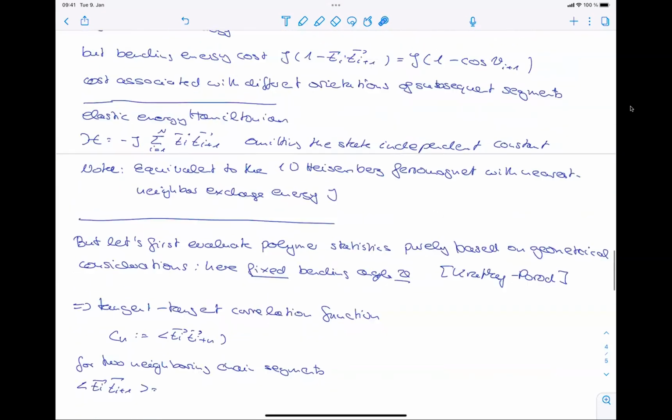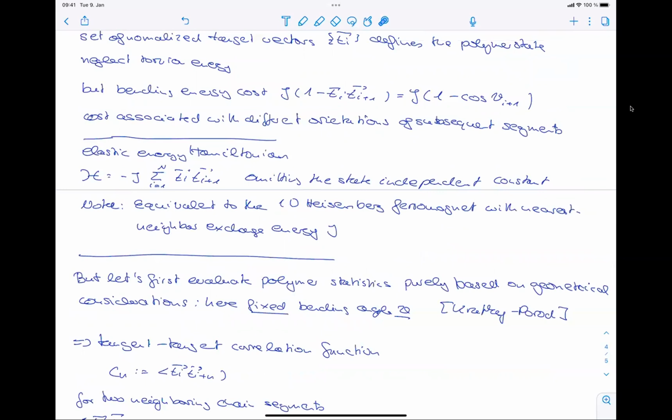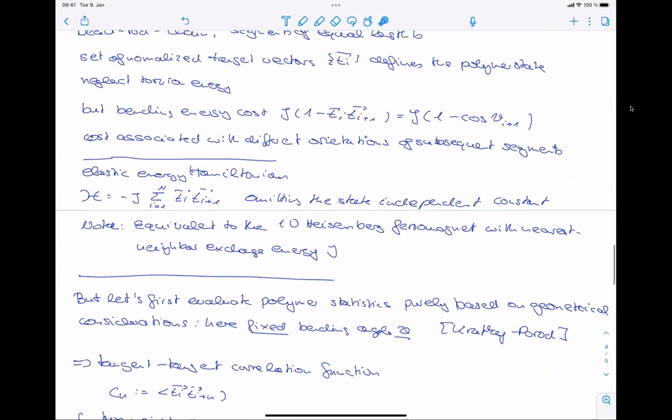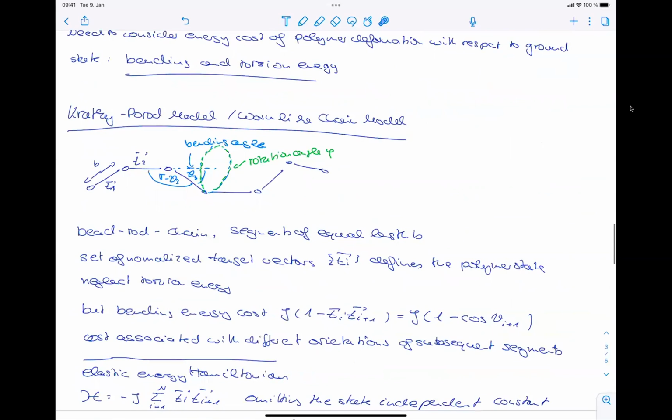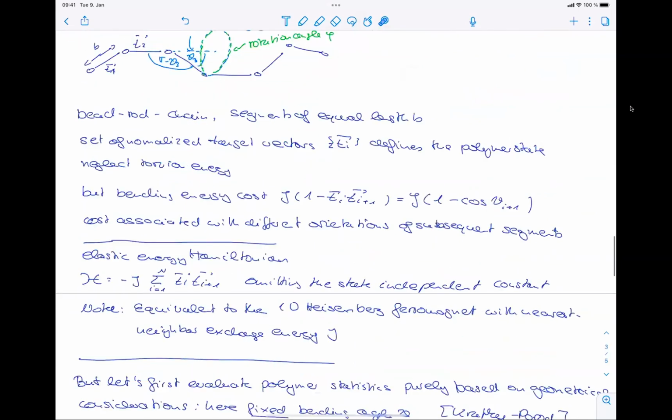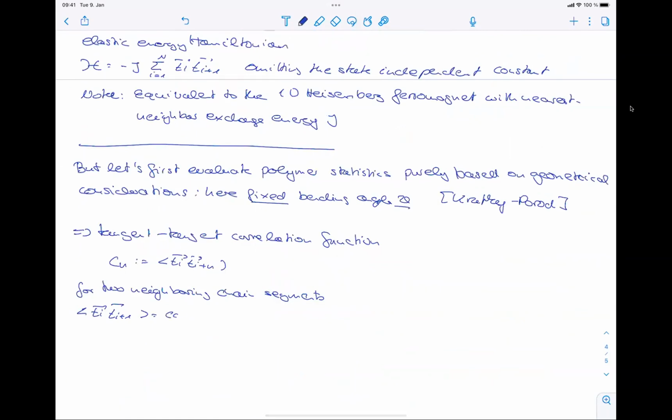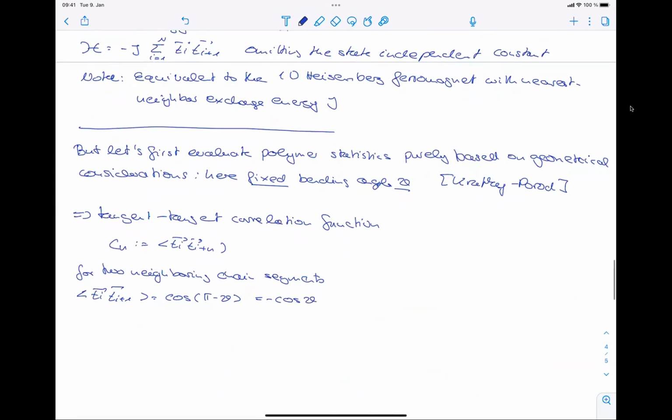But the way I define it here, rather than defining it as the angle of theta I plus 1, I define it as the theta I, so pi minus theta. So this is then cos of pi minus theta. I can drop the brackets because the angles are all the same, and that's then minus cos theta.